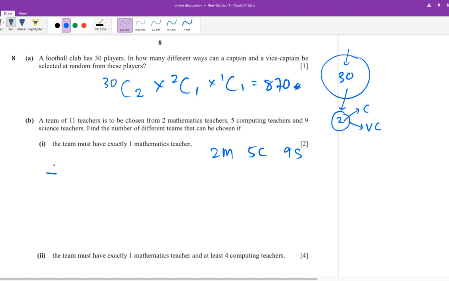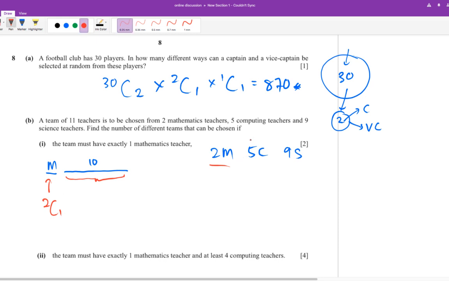So if you have the 11 here, one of them must be a math teacher. Then you still have another 10 slots, which can be any teacher. If the first one must be math, I have 2 math teachers here, so I will select 1 to put into it. After I select 1 already, how many teachers do I still have left?